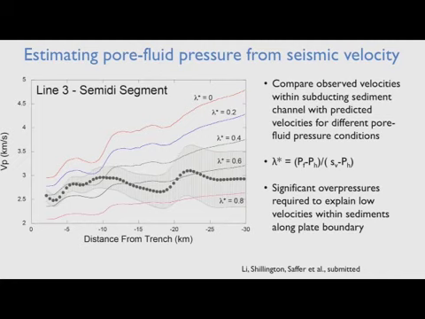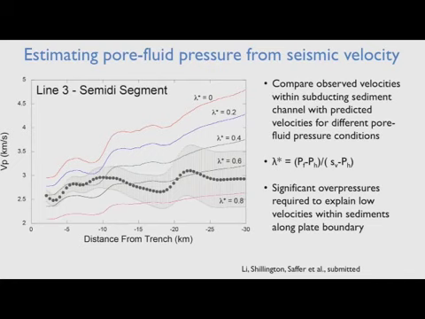And so what I'm showing you here are observations of velocity within that subducting sediment channel. And each of these colored lines is showing predictions for different possible pore fluid pressures expressed as this lambda star, which is a ratio of pore fluid pressure and other things. So a lambda star of 0 is no elevated pore pressure, hydrostatic, and a lambda star of 1 is lithostatic.